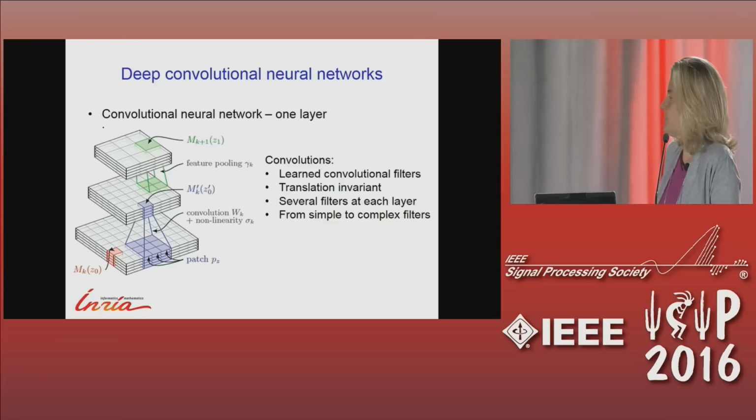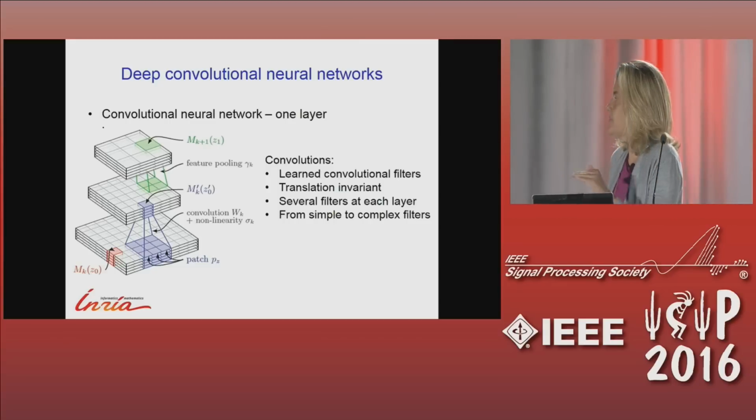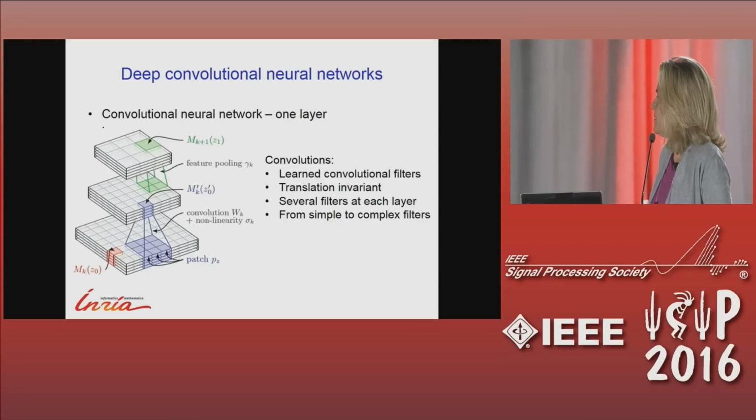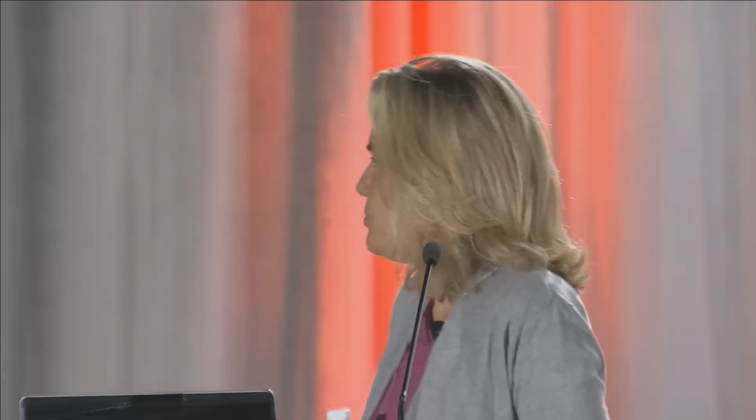They're translation invariant, so the same filters are shifted over the image and obtain the relative same response. We have a number of filters at each layer. So here you have a whole stack of filters which are applied to an image patch. And then as you move up in the layers, you go from simple to complex filters, right?